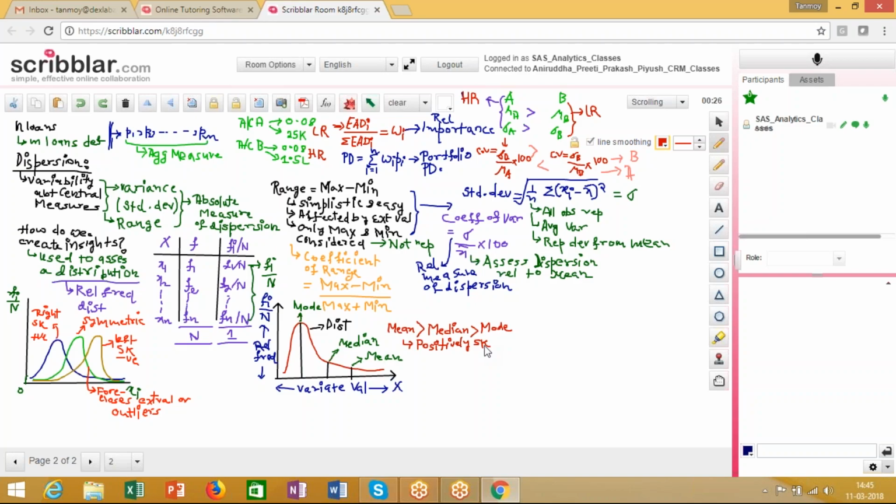Clear? Great. So now after this, the next part is the left skewed distribution.